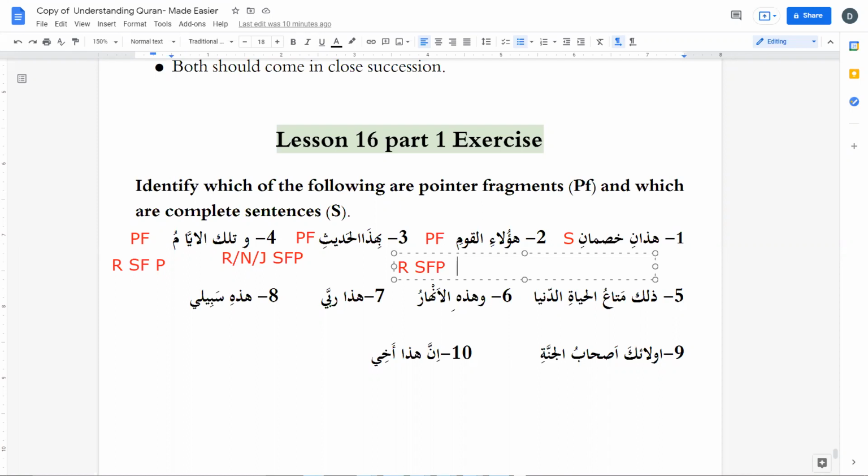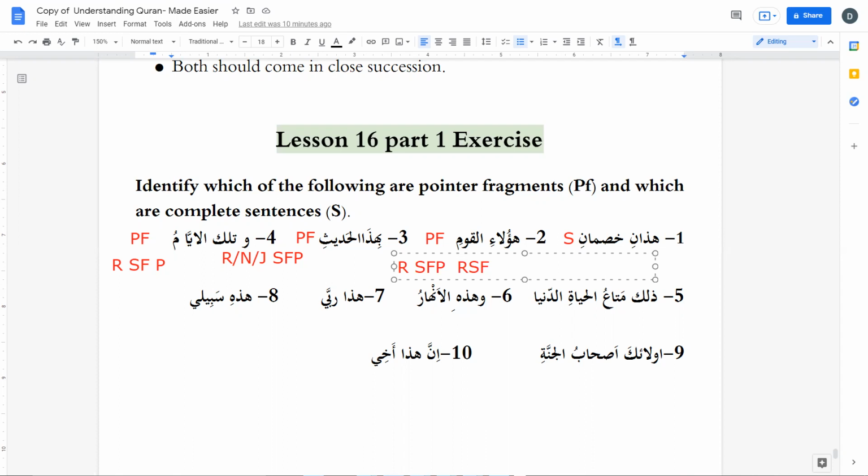Okay. And now hadhihi. Hadhihi is ism ishara. It can be rafa, nasb, or jar. But we know that anharu is in rafa status. So let's pick rafa status for hadhihi and then see whether the other properties are matching or not. So hadhihi, we know it's a singular pointing word for a feminine ism, right?